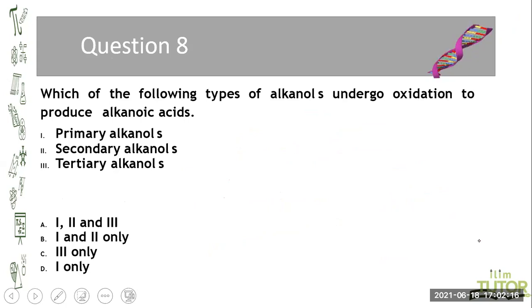Which of the following types of alkanols undergo oxidation to produce alkanoic acids? Now we have been able to classify alkanols into primary, secondary, and tertiary. But now we want to look at how we differentiate between them.